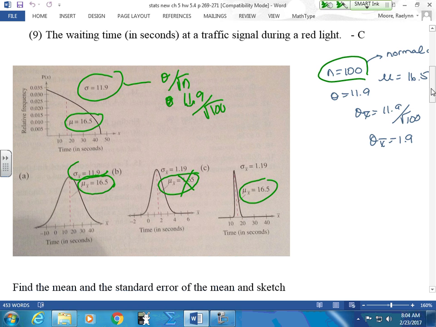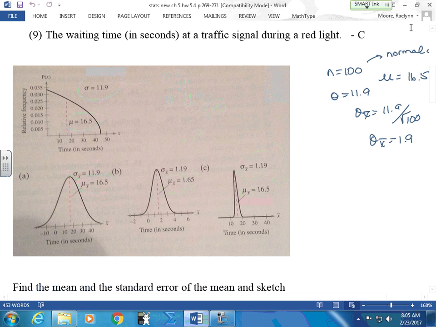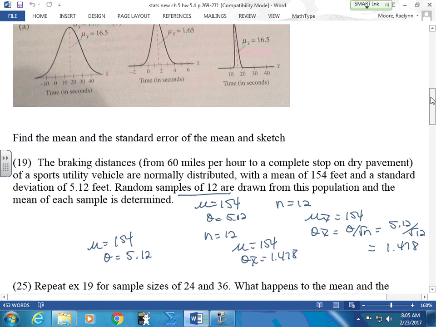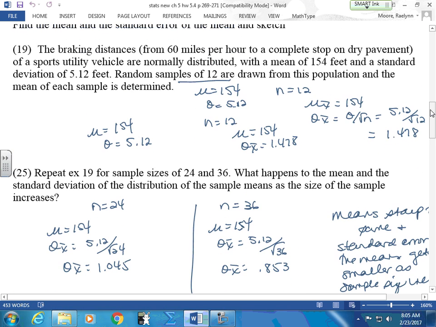So it just moves the decimal point over 1. So it can't be this guy. They didn't adjust the standard deviation, but this one they did. So there's your curve. It's a narrow little curve, as opposed to a wider curve. Look how small your standard deviation is. The means have to stay the same. That's the rule for the central limit theorem. The mean stays the same, but the standard deviation changes.